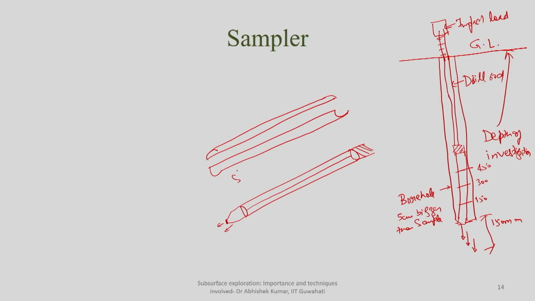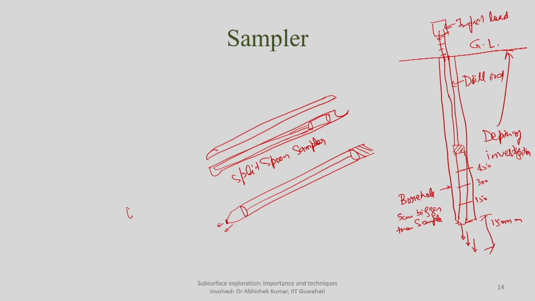This is called a split spoon sampler. Once you bring it out onto the surface, you will find some kind of soil sample, depending upon the condition of the soil. You may get a small sample, or you may get one sample over the entire length like this.